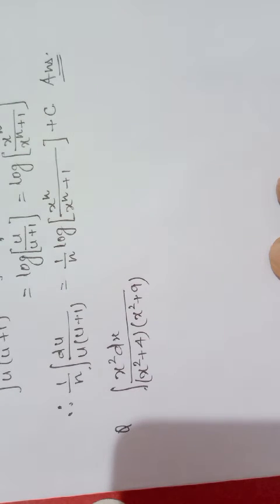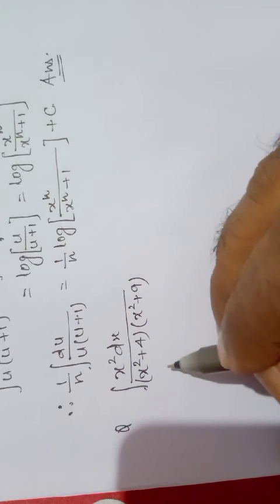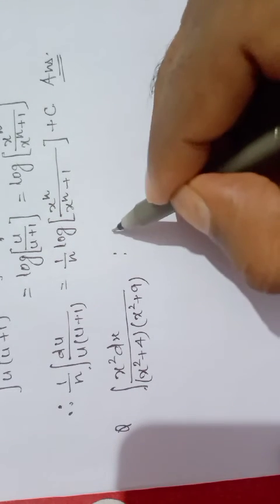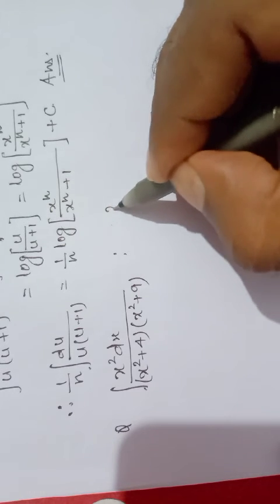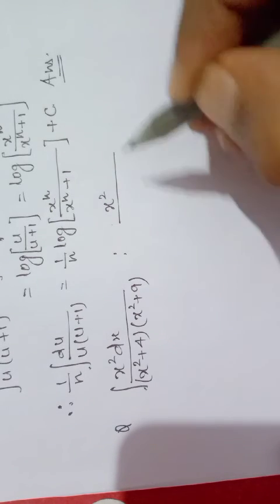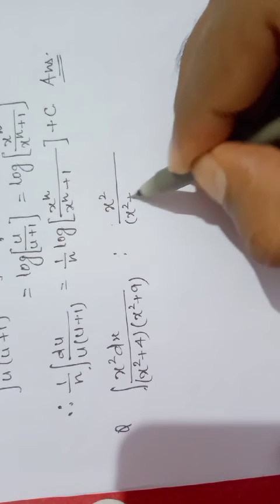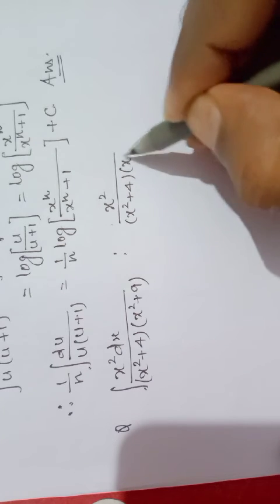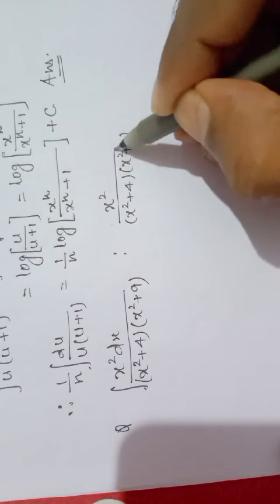The denominators are quadratic. Given function is x square upon x square plus 4 into x square plus 9. This is our given function.